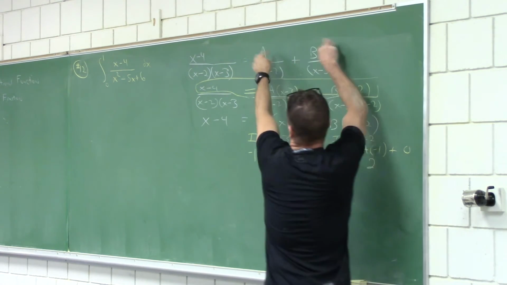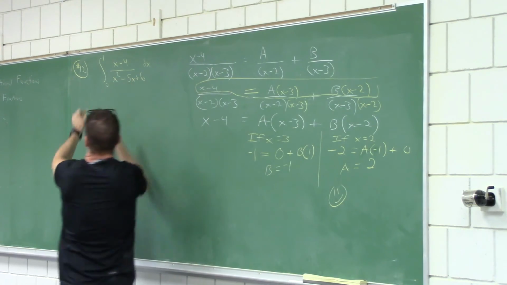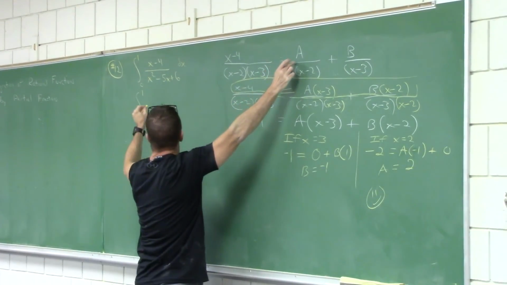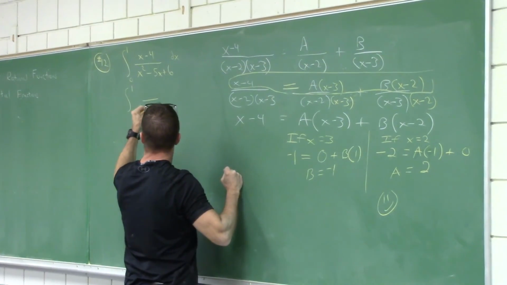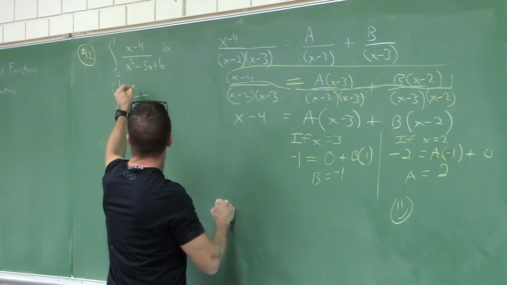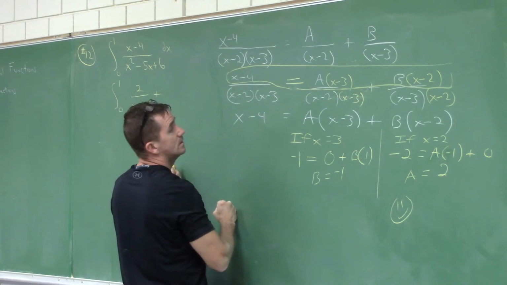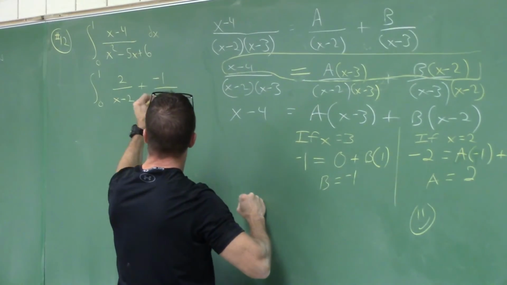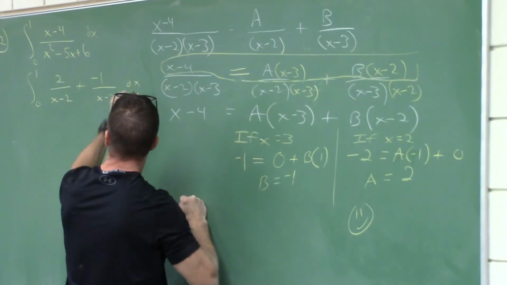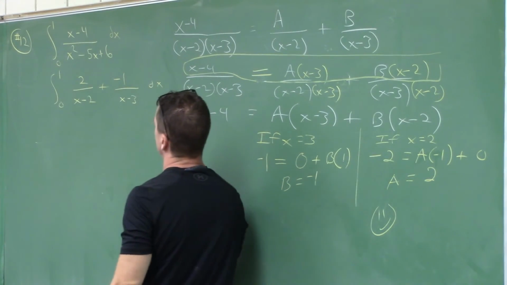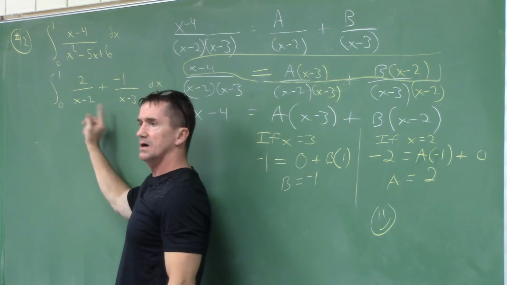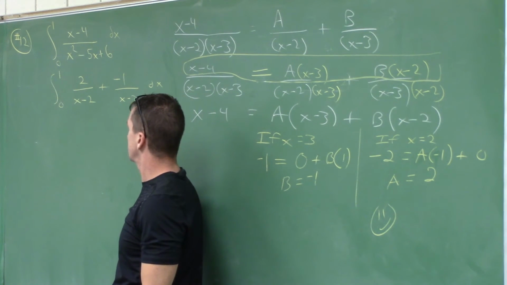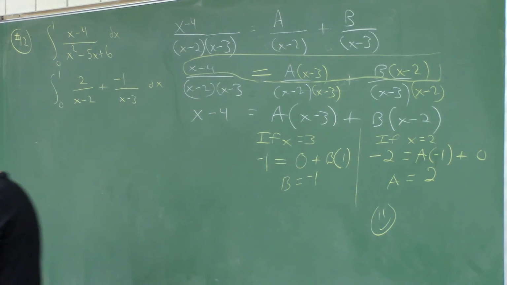Put these here, replace that. It is ready. All right. A over x minus 2, what's that? 2, plus B over x minus 3. We don't need to use those. Try it out, we'll finish it up.